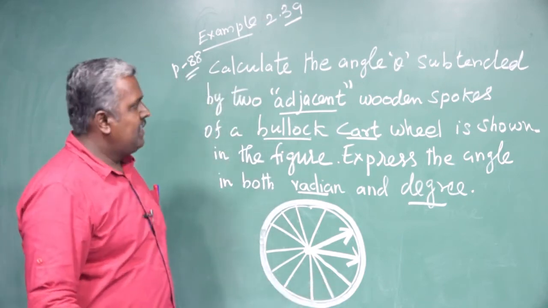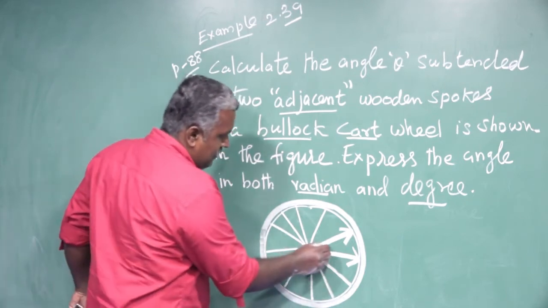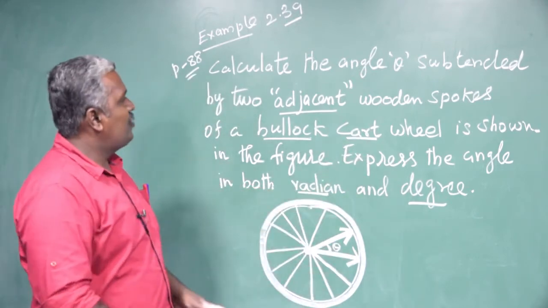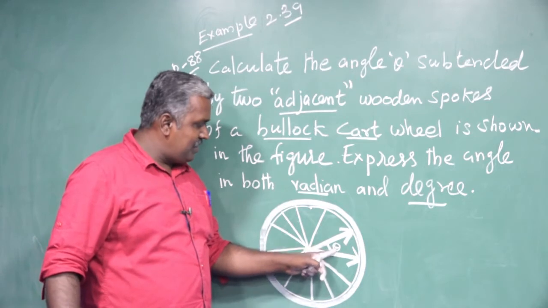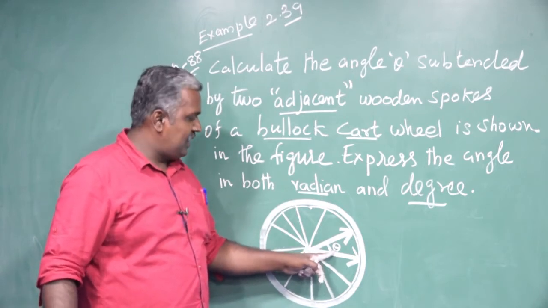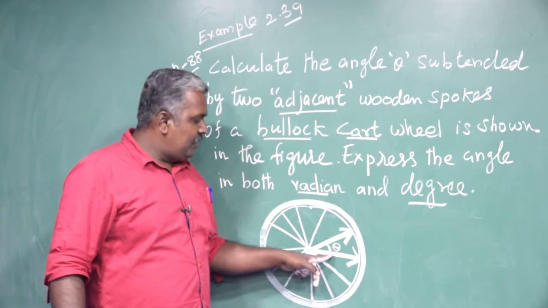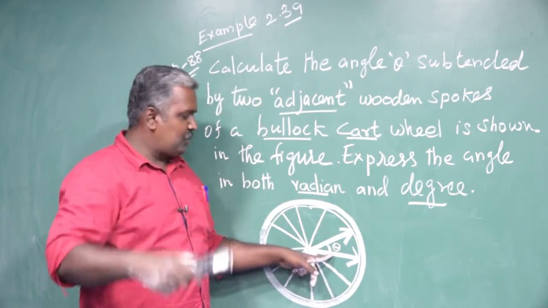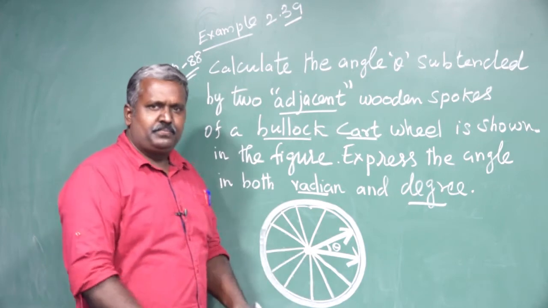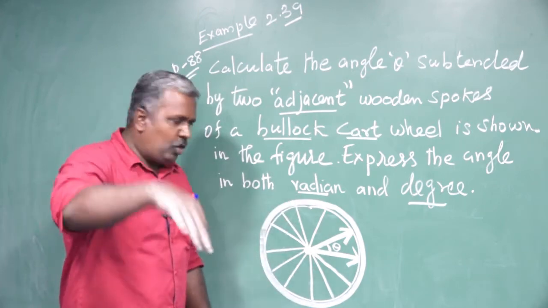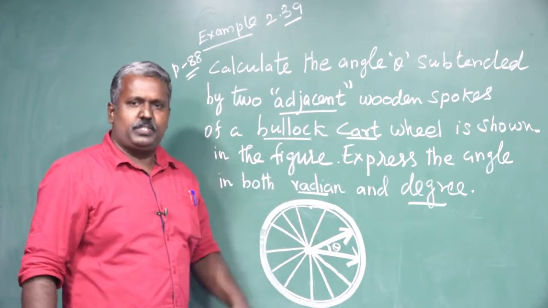Here we should find out this value. 2 adjacent wooden spokes, for example, let us consider these 2 spokes, denoted in different color in your textbook. See your textbook. What will be the theta value? You should find out the theta value in both radian and degrees.